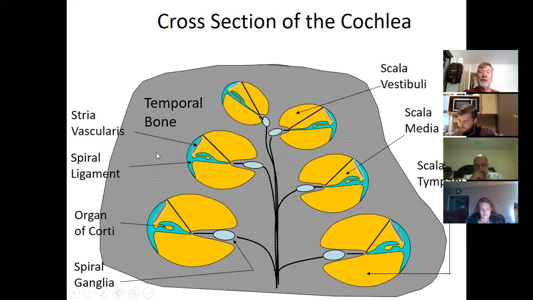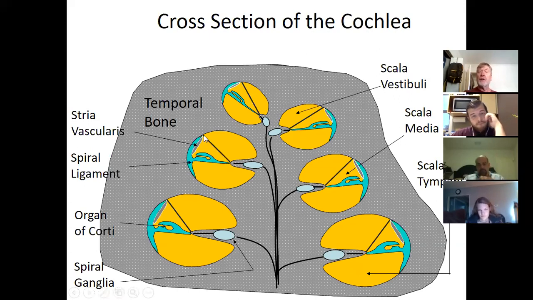Spiral ligament is this big blue thing. It holds the whole scala media in place. It fixes or anchors this triangle to stick against the side here. The very bottom, this bottom where I'm showing you, that's called the basilar membrane. B-A-S-I-L-A-R, basilar membrane.